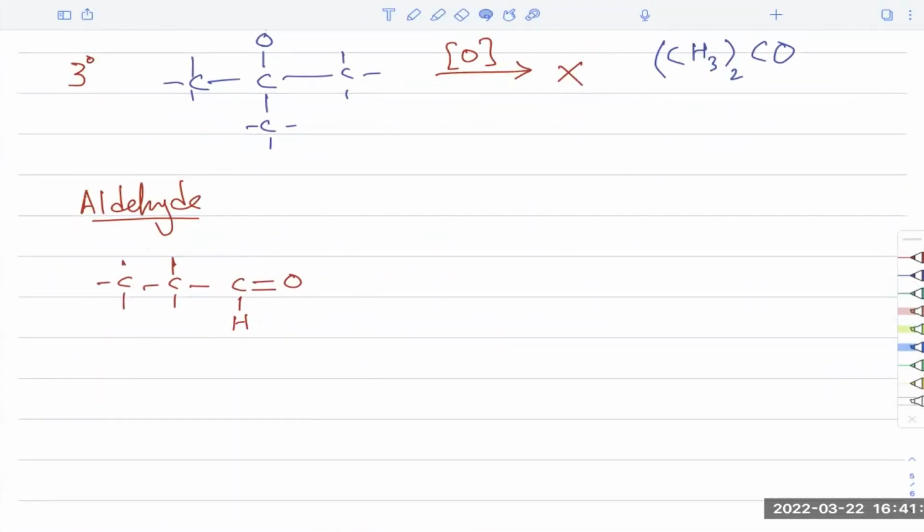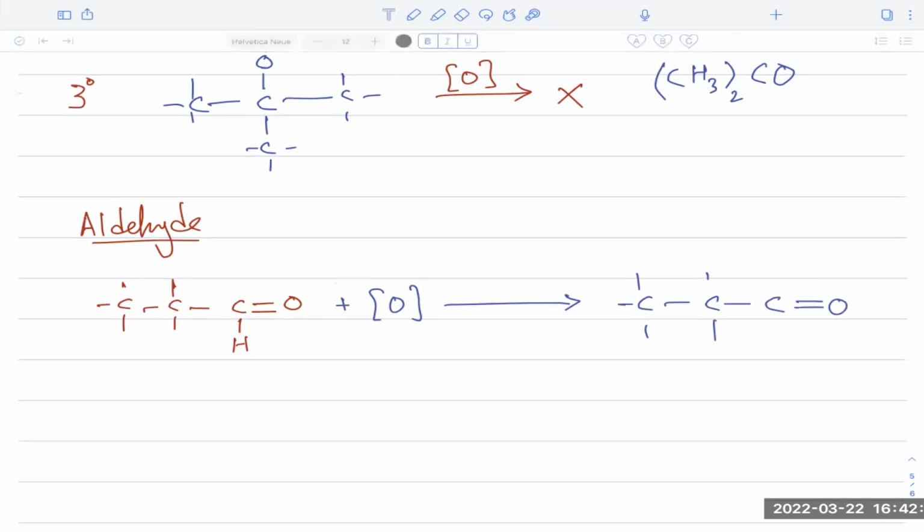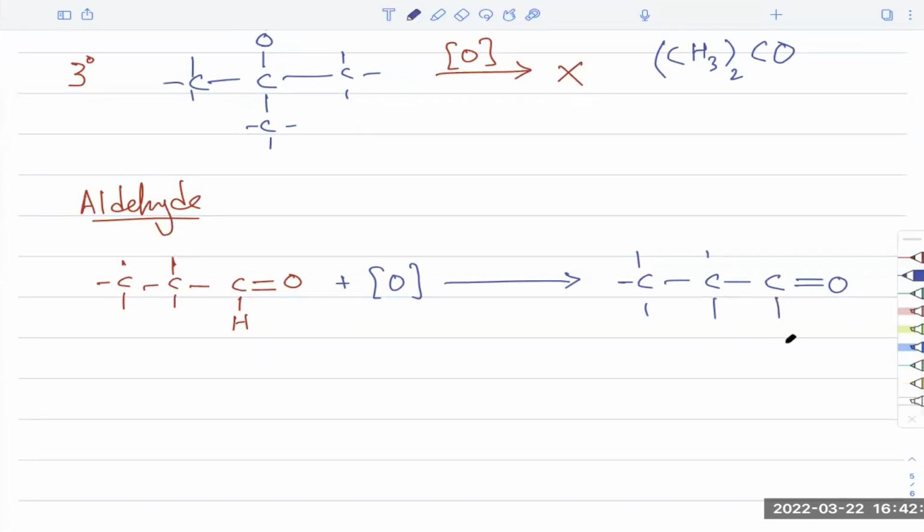So if I were to add an oxidizing agent to this, now this will add an oxygen to this. And what happens is that this carbon, obviously it forms a double bond with this, but over here, wherever the hydrogen is, that one gets oxidized to OH.